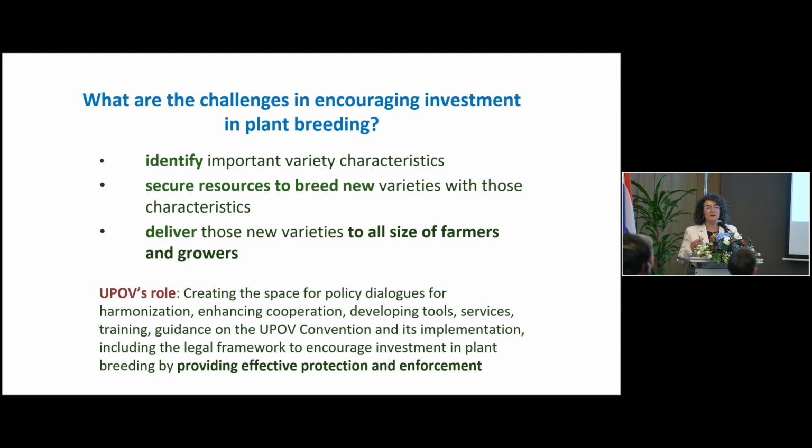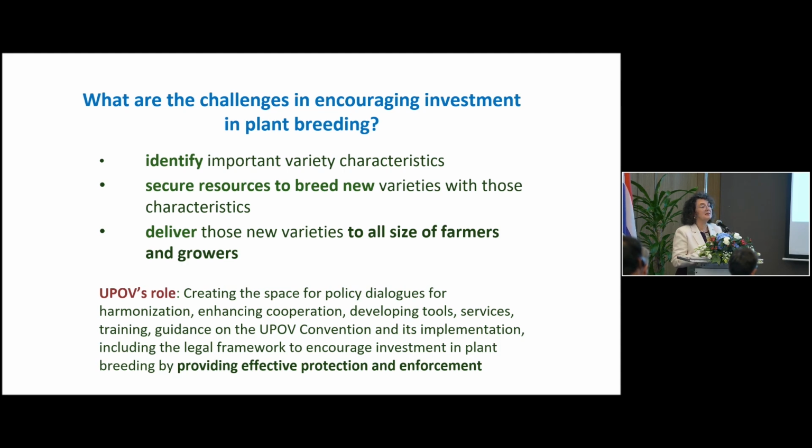If we put ourselves into the needs and aspirations of the farmers, we see that it is very important to identify those important variety characteristics that will really make a difference when the farmer is facing some challenge, whether in relation to production or to quality.